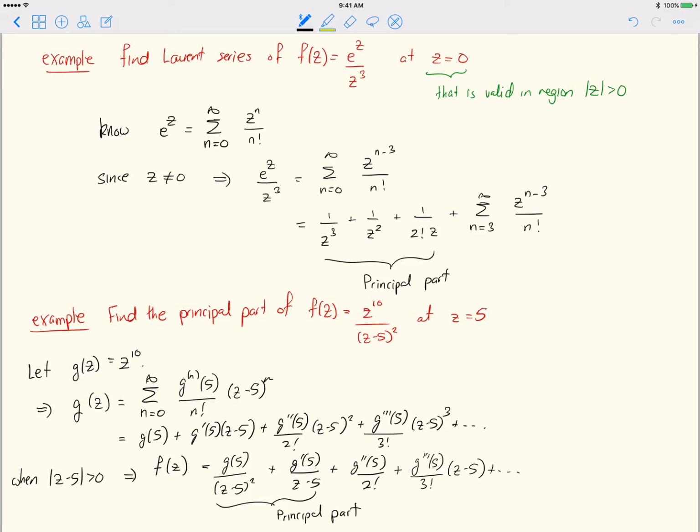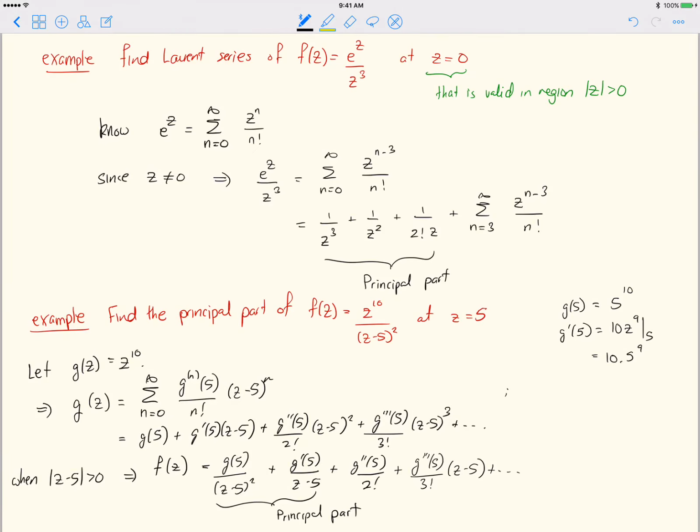So now, maybe I'm out of room a little bit. Maybe if I continue up here, I can see that g of 5 is equal to 5 to the power of 10, since g is z to the power of 10. And g dash 5, so the derivative of z to the 10 is 10z to the 9. If I evaluate this at 5, I get 10 times 5 to the 9.